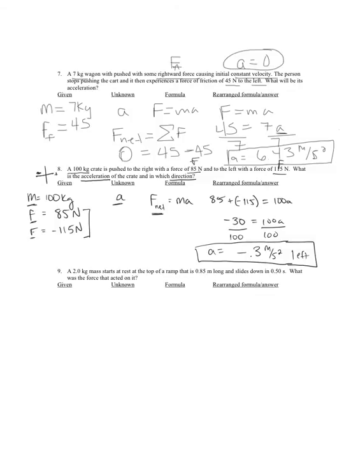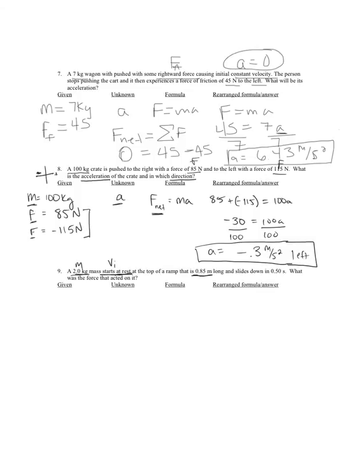number 9, I have a 2.0 kilogram mass, starts at rest. So it starts at rest. So that means this is my mass. This is my initial velocity, my VI, at the top of a ramp that is 85 meters long.